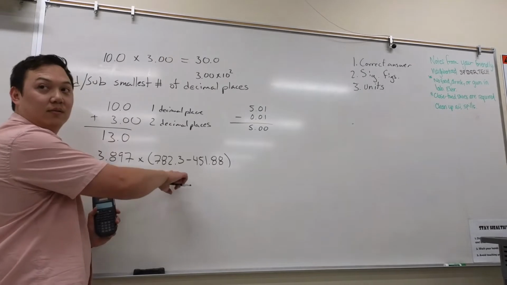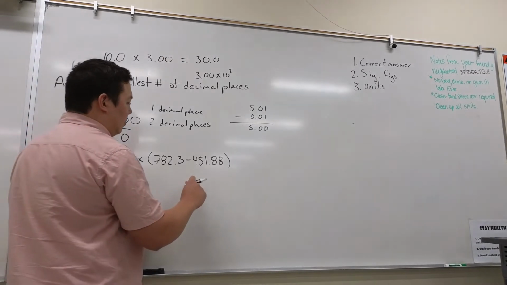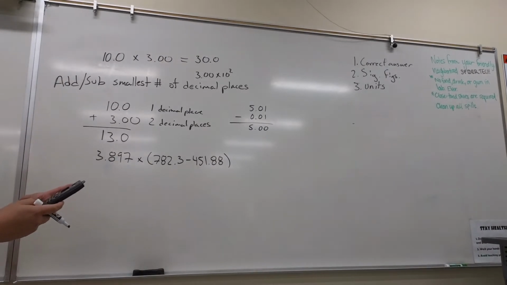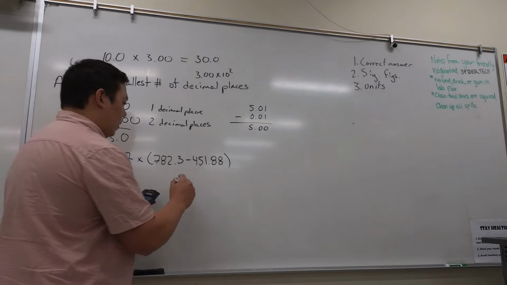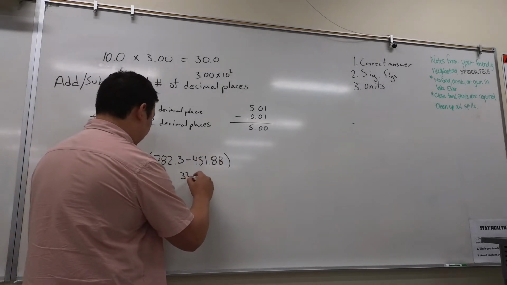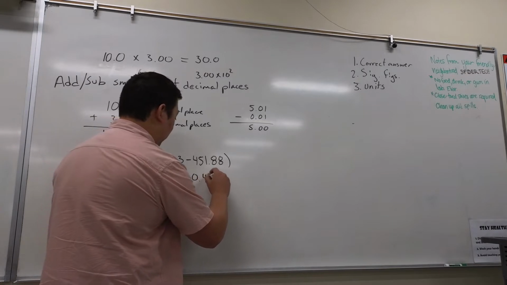That is this one. So if we do the subtraction, 782.3 minus 451.88, the whole number that the calculator gives you is 330.42.